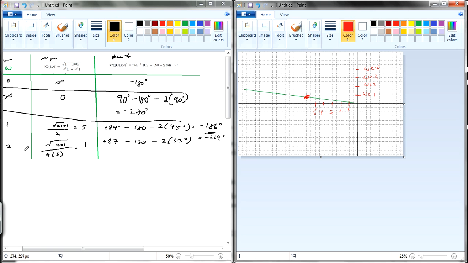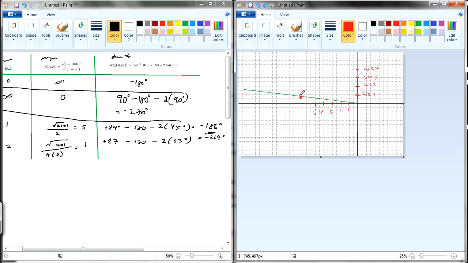And then if it's omega at 2, this omega equals 1, right? And then omega equals 2, it's minus 219, some angle over here. Never mind, you don't need to follow that one.